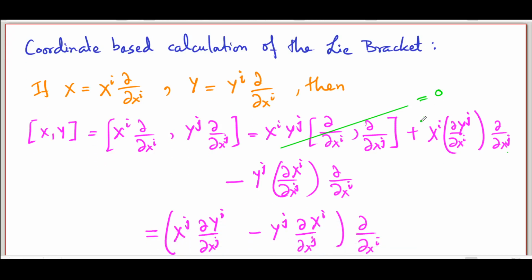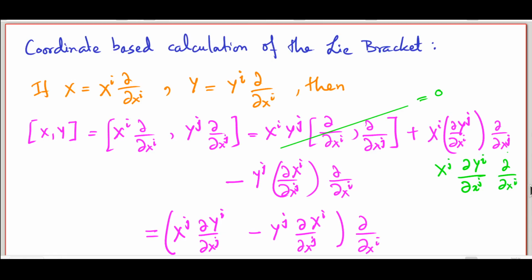So you are ending up with these two terms, and here you have xi del xi yj times del xj, and here you have a del xi at the end. And you can change both of these to del xi at the end simply by interchanging the i and j here. So this term will simply become xj del yi del xj followed by del xi.